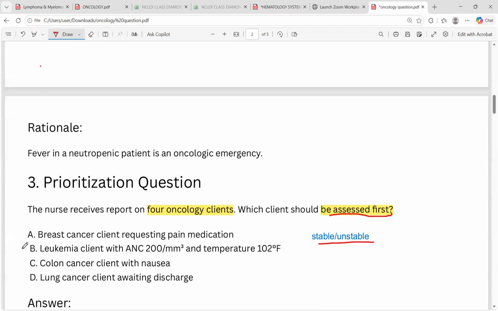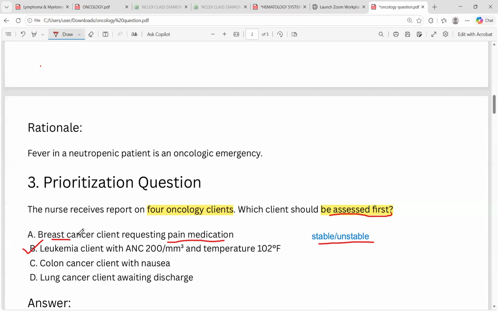You are choosing B, ma'am? Yes. And why have you eliminated option A, breast cancer client requesting pain medication? If you are comparing these two, the second one is the more priority, I guess. In breast cancer there is uncontrolled proliferation of the cells, so the gland can have severe pain.